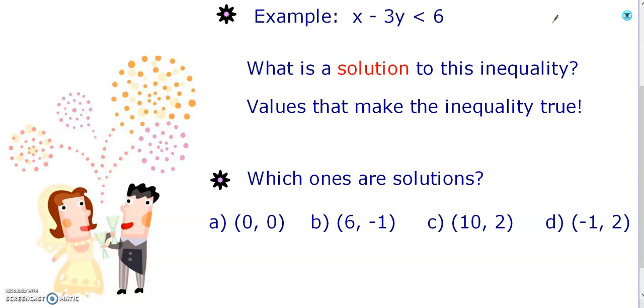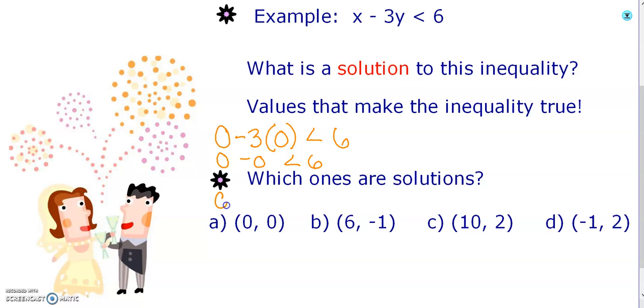So for our first ordered pair (0, 0), we're going to plug that into our inequality. So we have 0 minus 3 times 0 should be less than 6. So let's see if that's true. Negative 3 times 0 is 0. Is that less than 6?